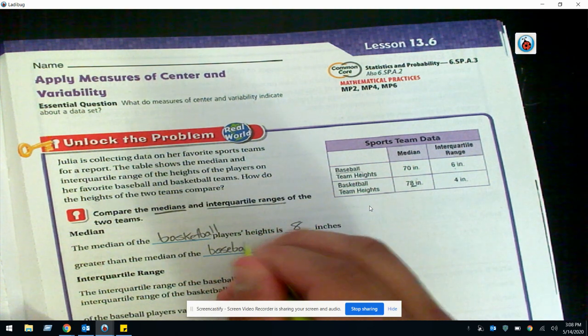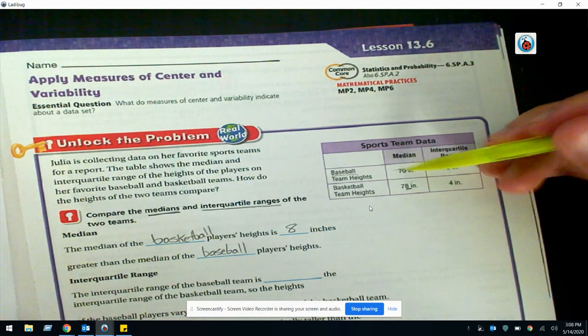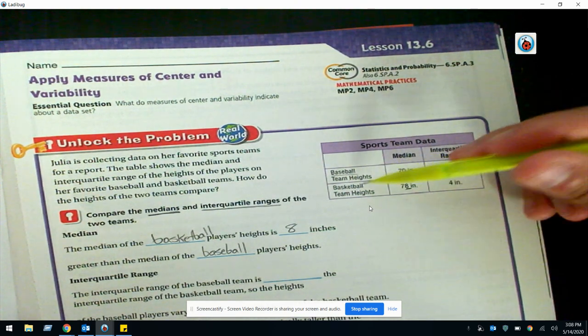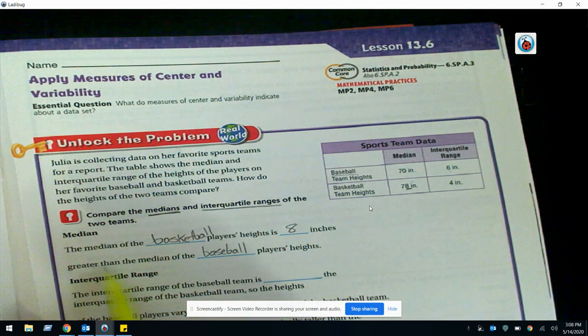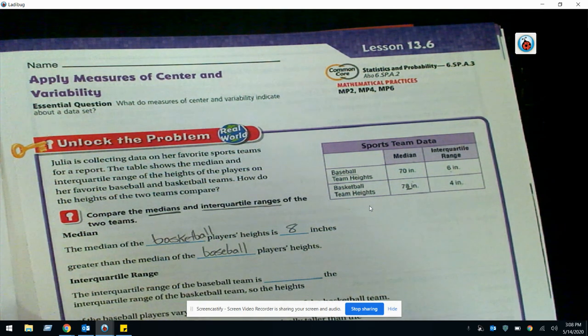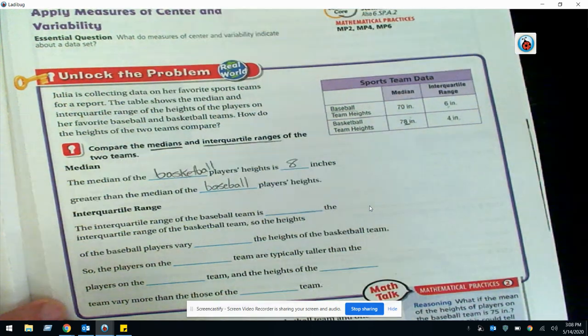This one we're just filling in the blanks. We're looking at the median right here, and we can notice that the baseball team height is 70 inches, basketball team height is 78 inches, so it is 8 inches greater than the median of the baseball players' heights. Now we're going to move on to the interquartile range, looking at the 6 inches for the baseball team versus the 4 inches for the basketball team.